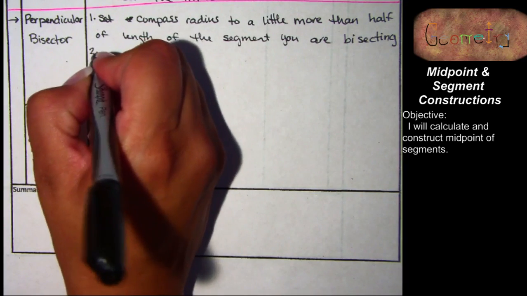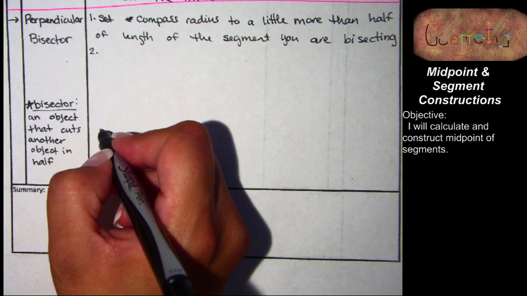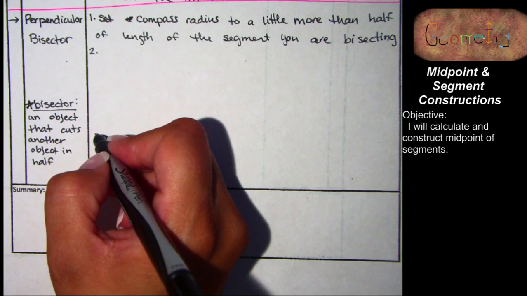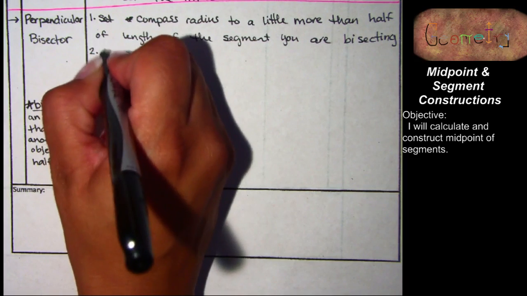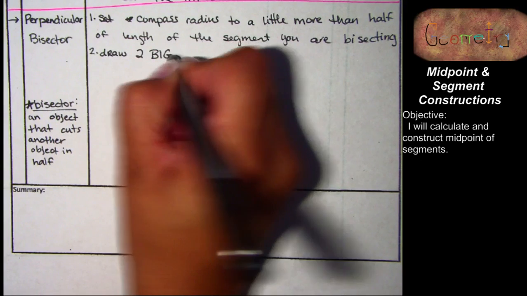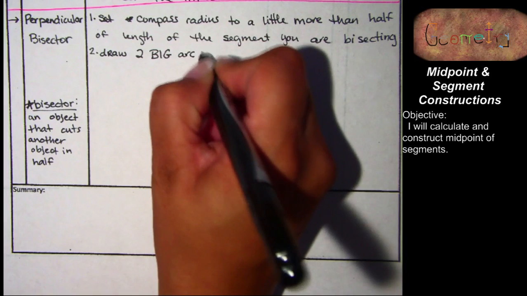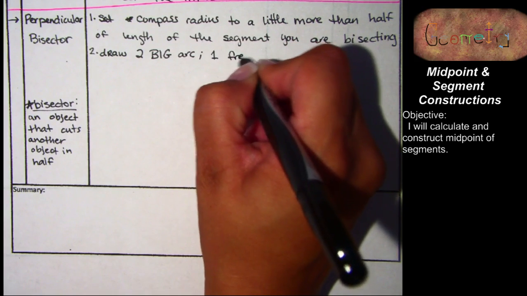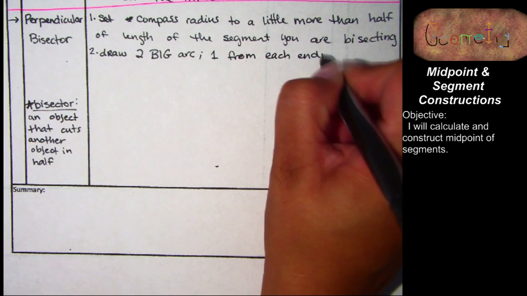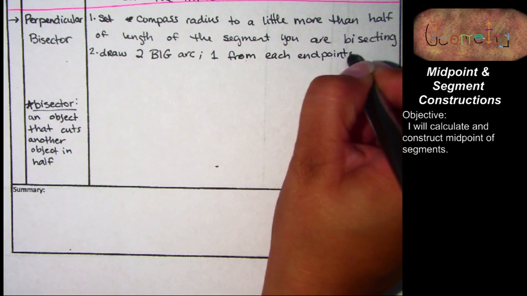Step number 2. Once you have this distance set as your radius, you're going to draw 2 arcs. But they need to be really big. And you need to draw one from each of the 2 endpoints of the segment that you are wanting to bisect.